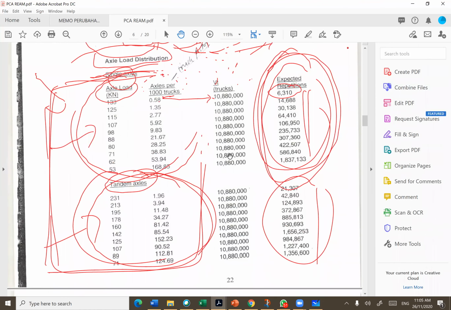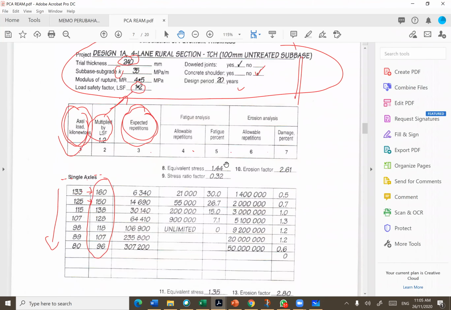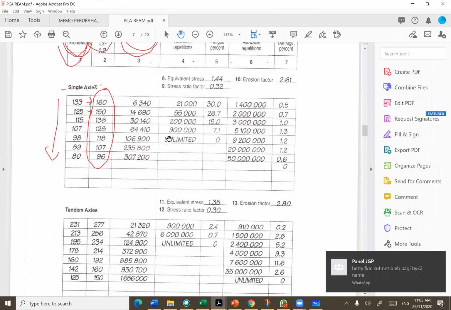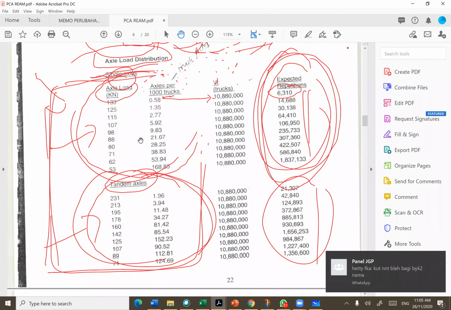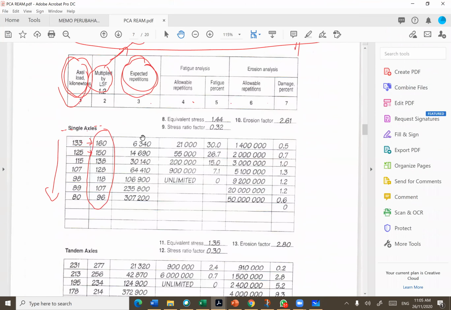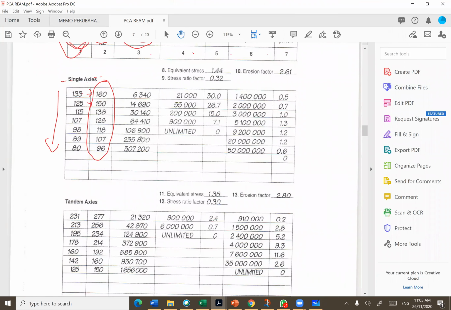Why don't they take all the values from 133 from here? You will see that one later.